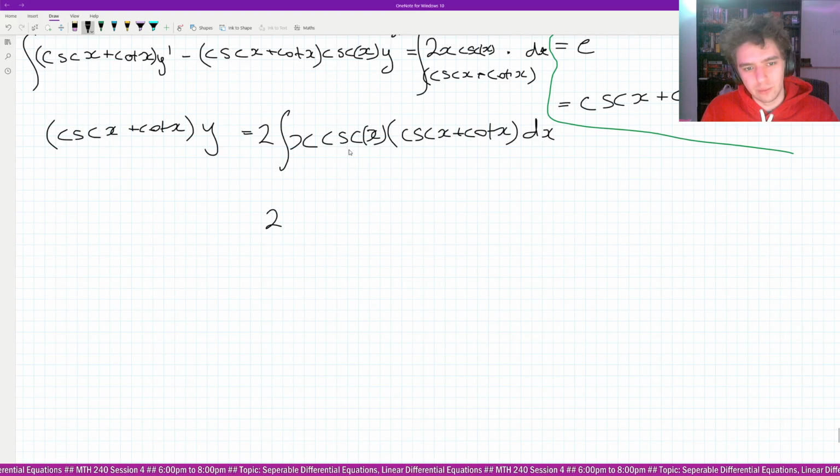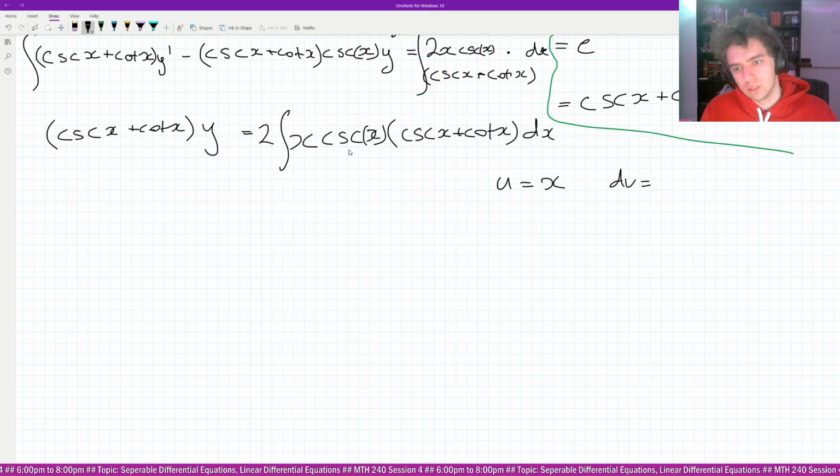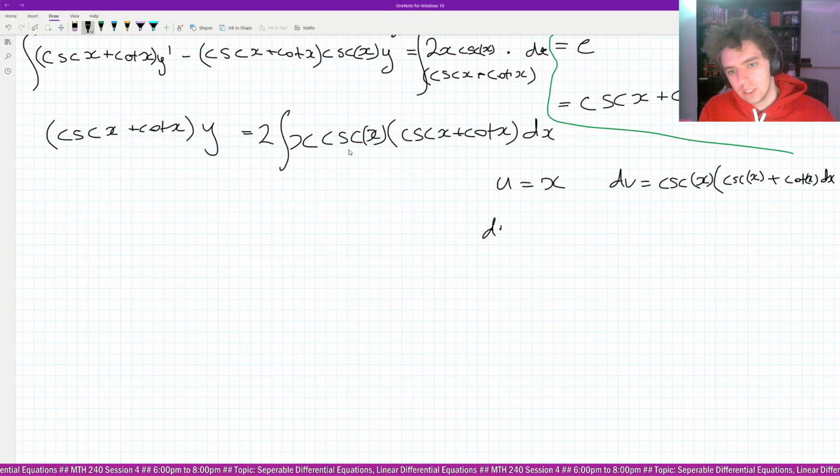So I'm going to choose u equals x, dv equals cosecant x times cosecant x plus cotan x dx. du equals dx, and now what's v?